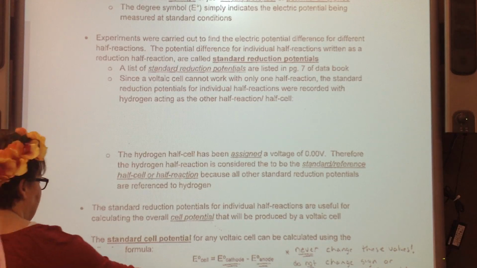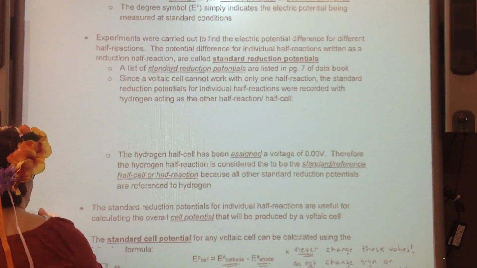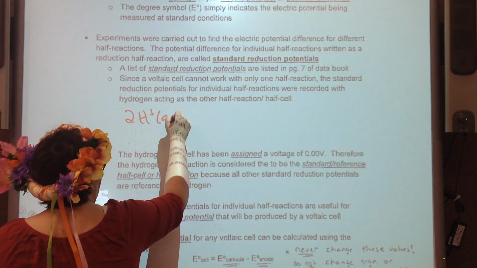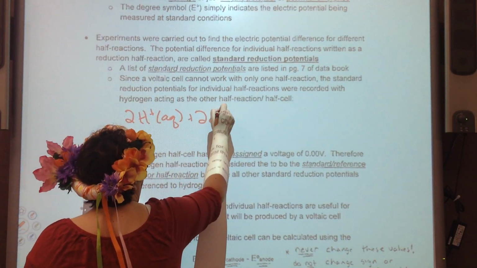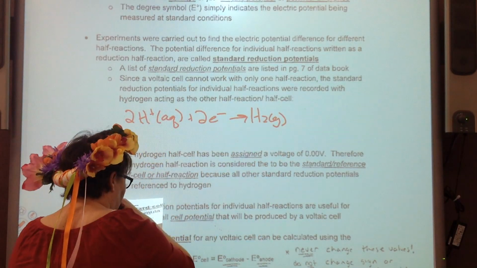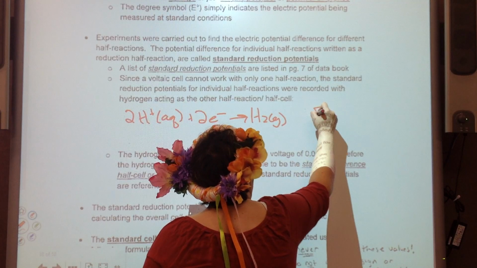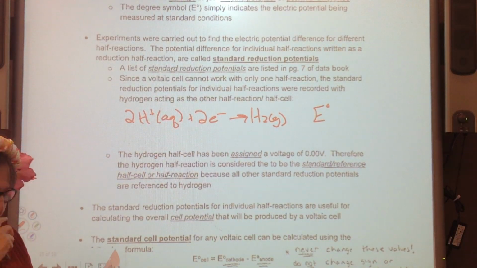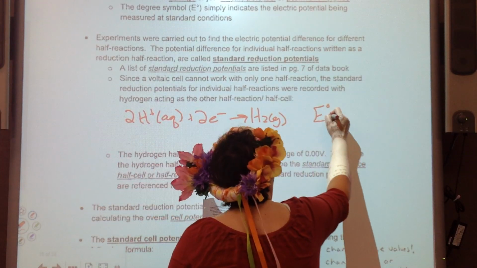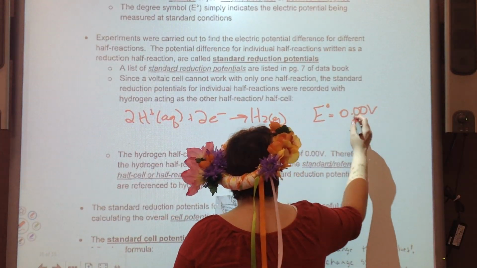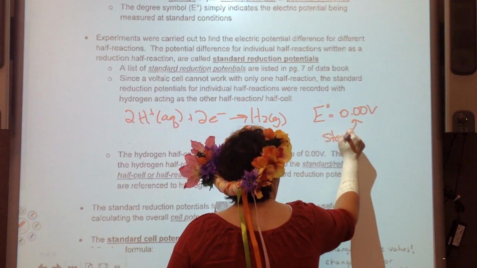So if we look at it here, cell potential is shown like this, E with the 0. So this is the standard reduction potential.